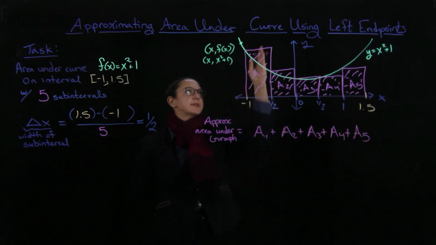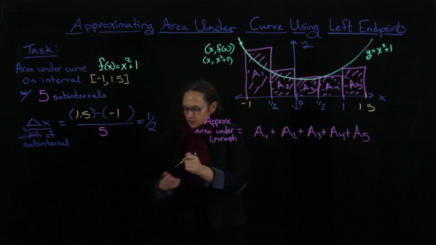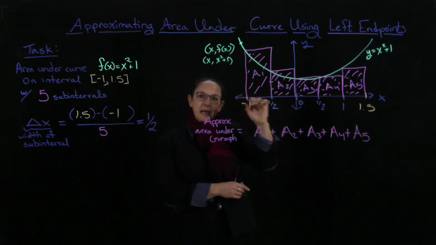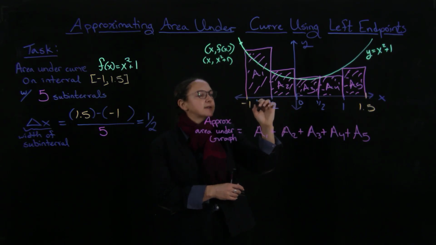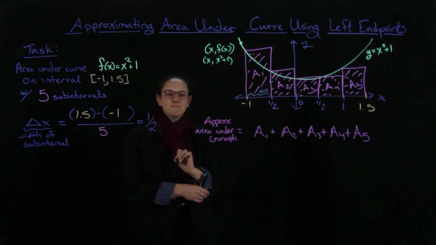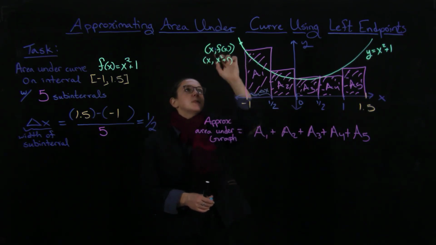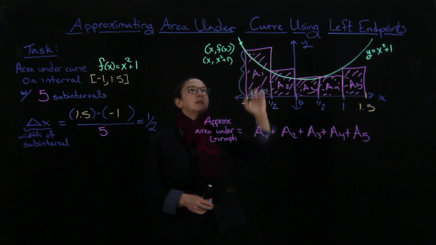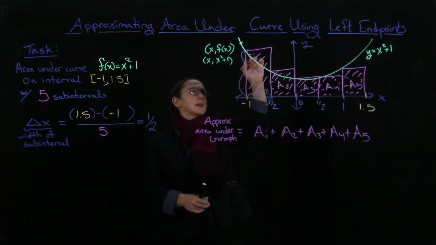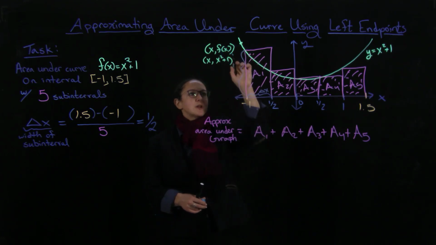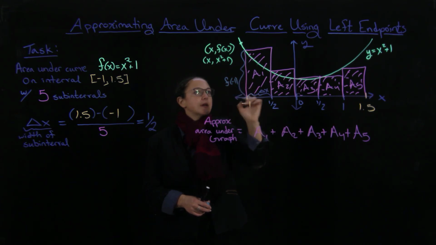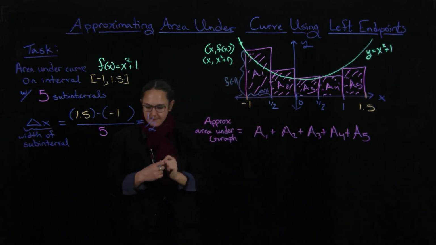How do I know what this area is? Well, on the bottom part, down here, by exactly how I figured out my subintervals, this is my delta x. So this length here is delta x, right? And then keeping this in mind, how do I compute this height here? Well, I plug -1 in because the y coordinate is going to tell me f of x. So I put -1 into there. So this length is going to be f of -1, coming from my left-hand endpoint.